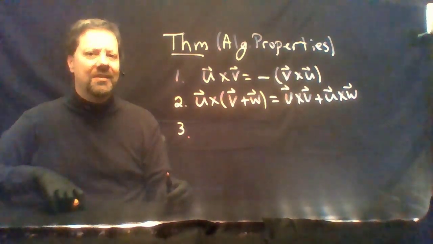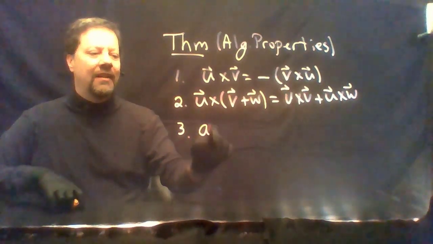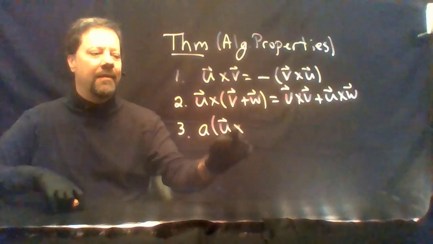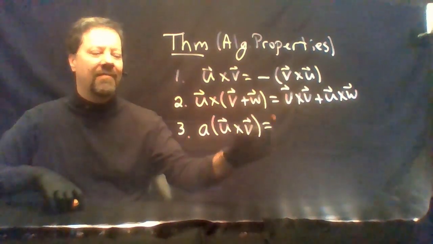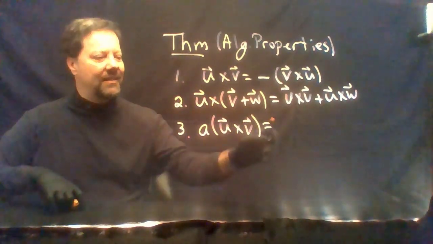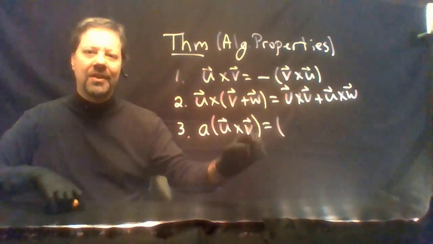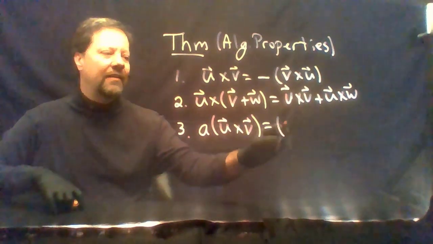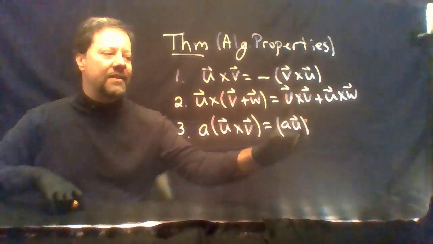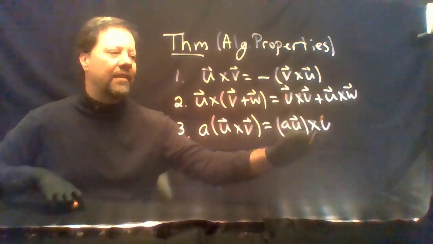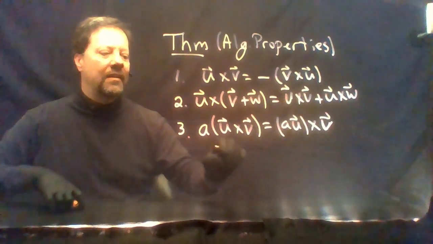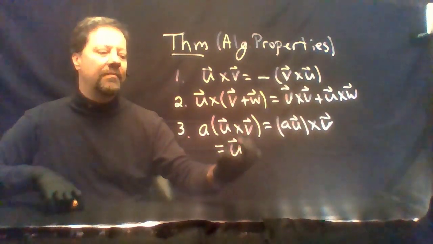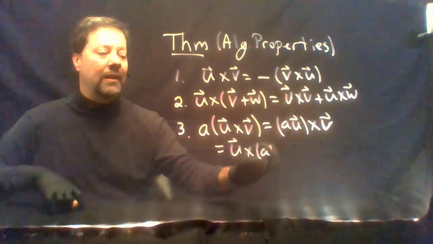How about scalar multiplication? A times u cross v. Well, it turns out there is an associative property that you can define. You can associate the scalar a with either of the factors in the cross product, but only one.